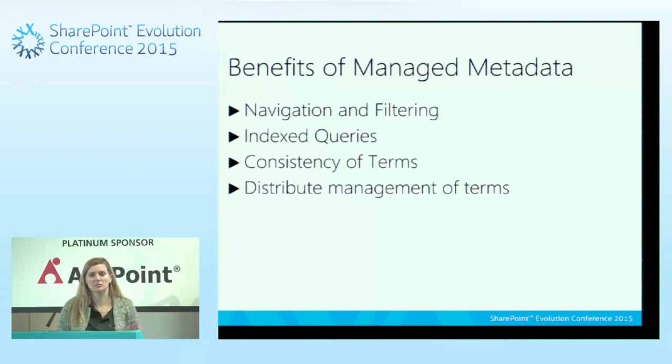But this allows us to be more consistent. We can make it managed. It will always be the same, and they select it from there. So we can officially organize that information. And then, of course, we can distribute the management of terms, so not one person has to do this all the time, because believe me, if you're the IT pro, you don't want to be the one doing that.